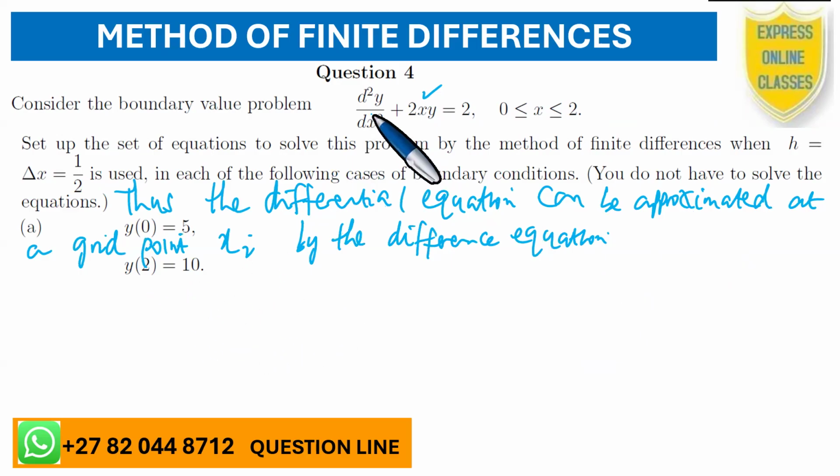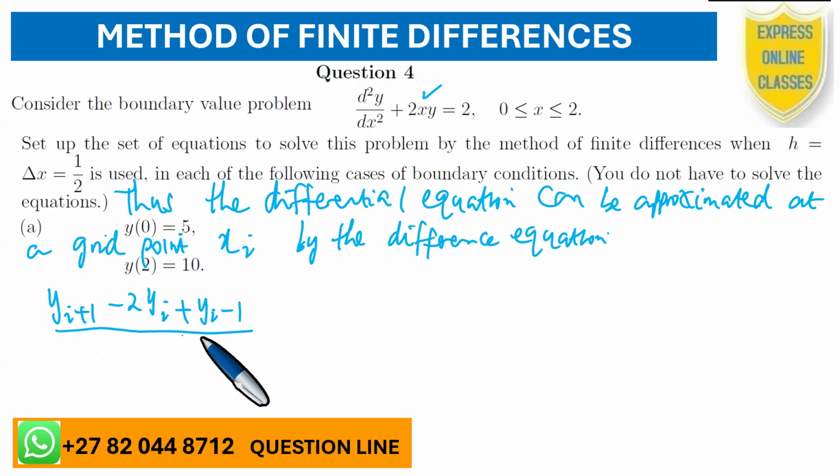We then say the second derivative can be written as y subscript i plus 1 minus 2yi plus yi minus 1, divided by h squared, plus 2xiyi equals 2.